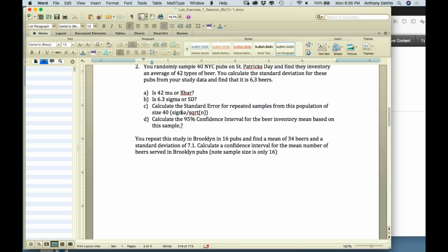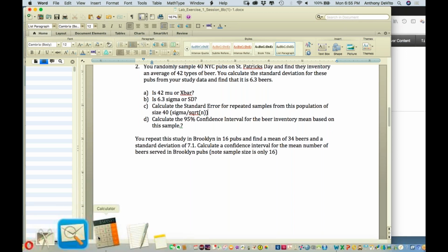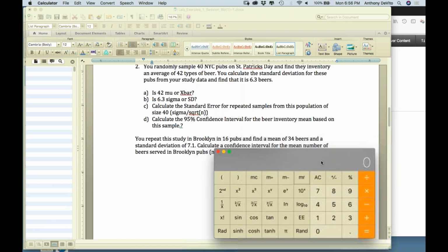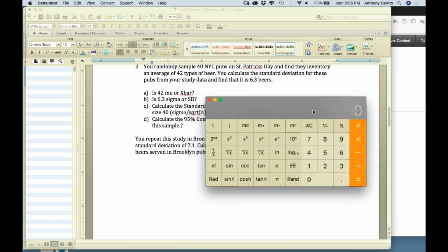I put sigma in there, but we know now we're going to substitute our estimated sigma for that. And our sample size was 40.